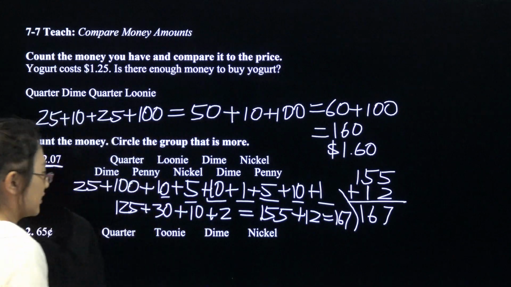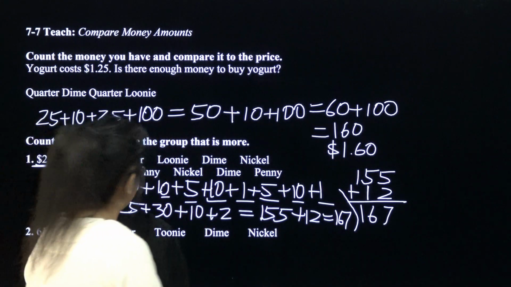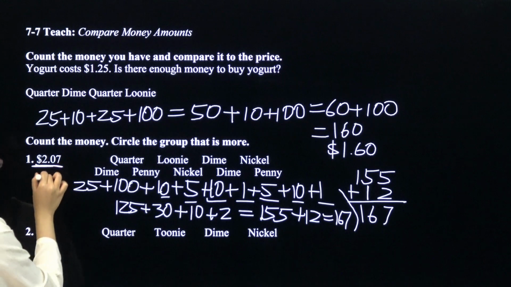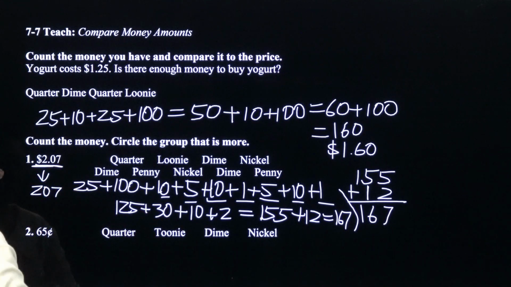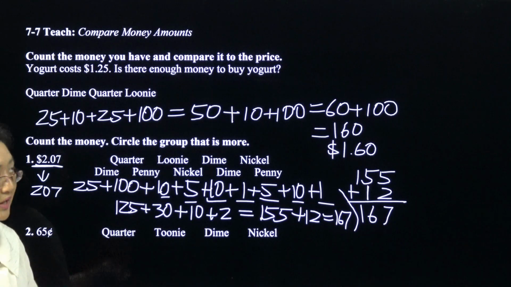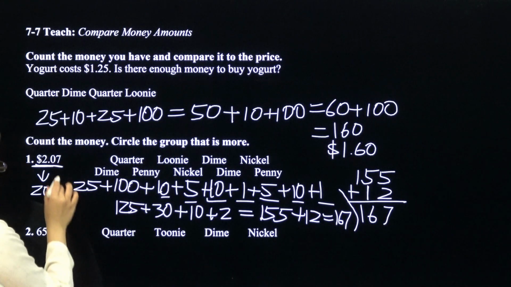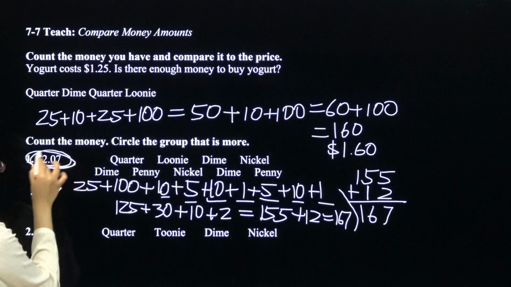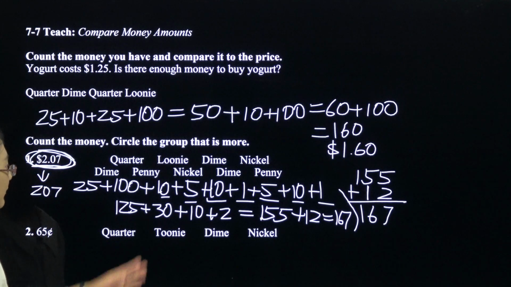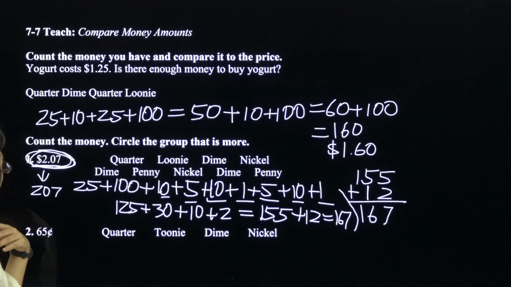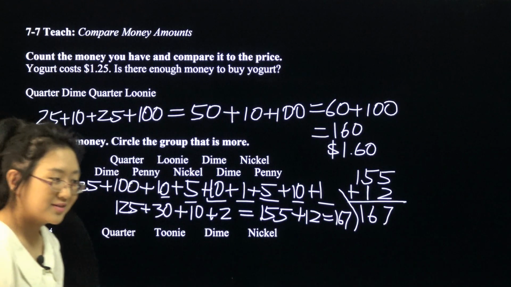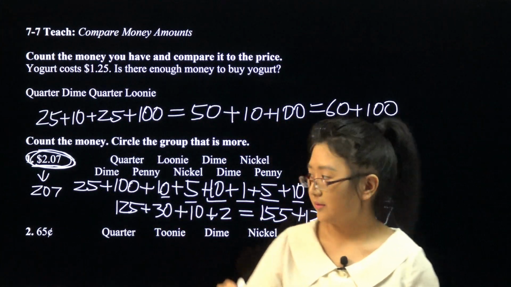Is 167 bigger than this is, because we're doing this in cents, 207? No, it's not. Meaning that you don't have enough money to buy whatever this is, and you really need more money if you want to buy that.